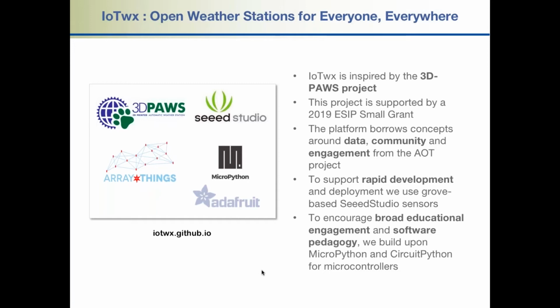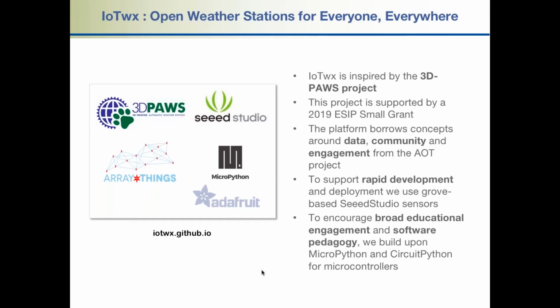We're looking to encourage broad educational engagement and software pedagogy. We build upon MicroPython and CircuitPython for microcontrollers. So that's essentially how we're trying to make this process a bit easier for deployment.